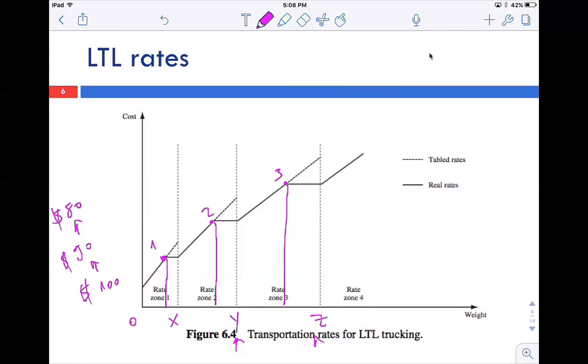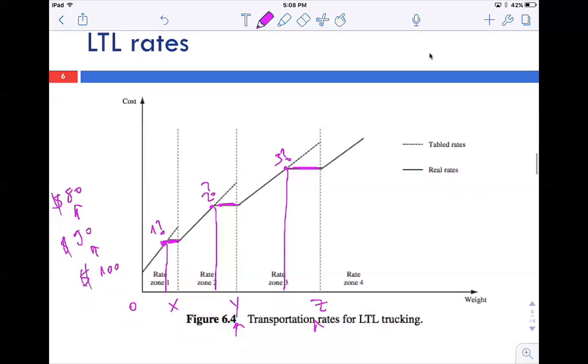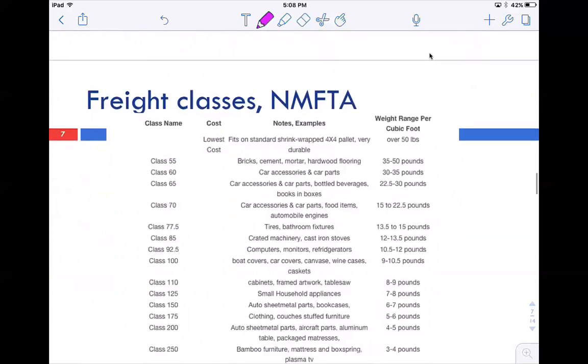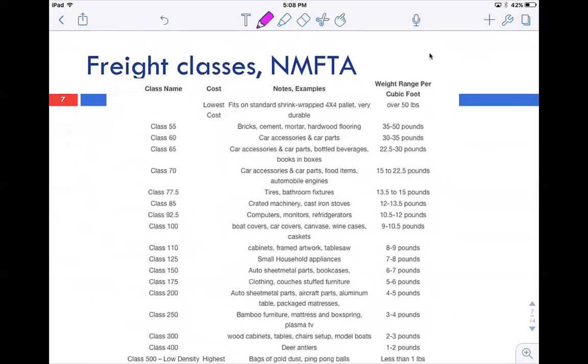How do we handle that? We will have to find these rate break points, and we charge a fixed amount between this rate break point and the next upper limit category in that zone, and here as well. All right, we're going to study an example on the next slide.